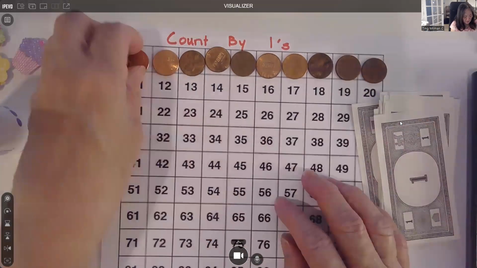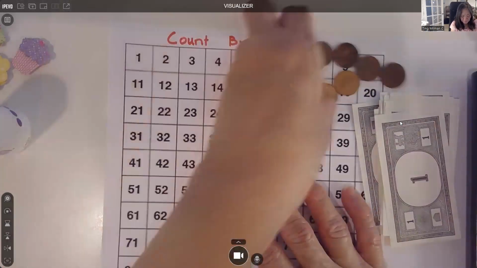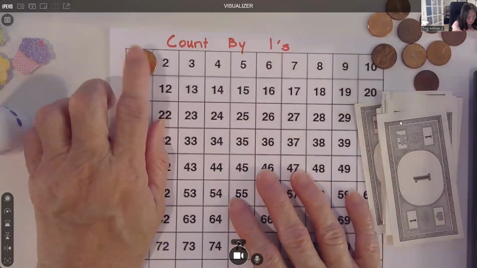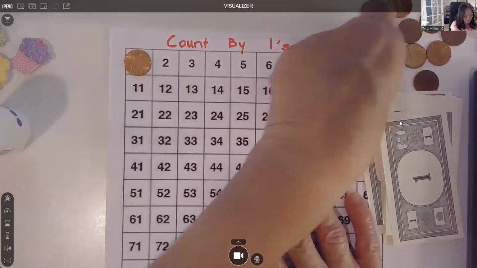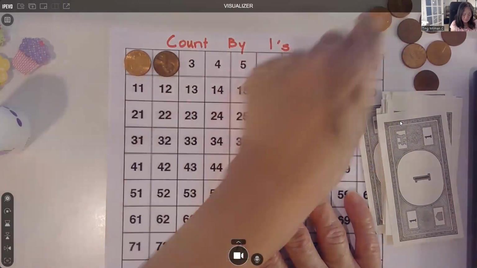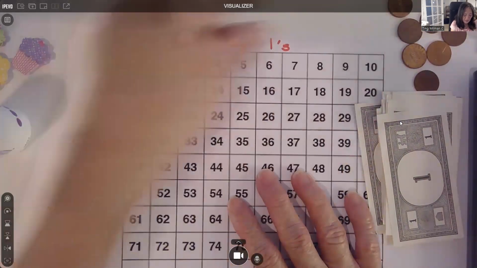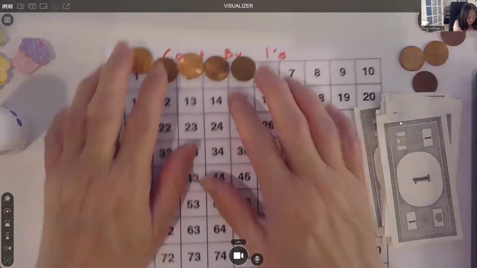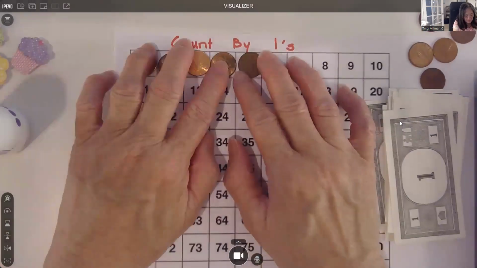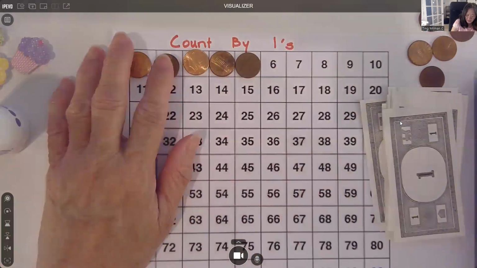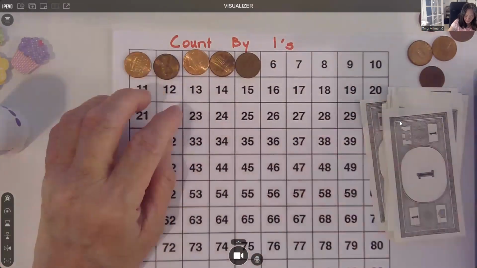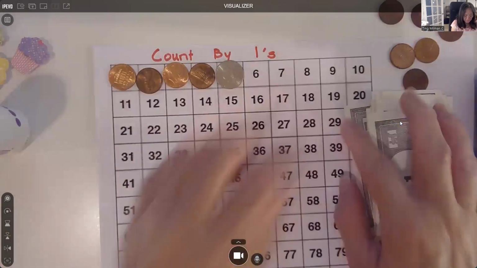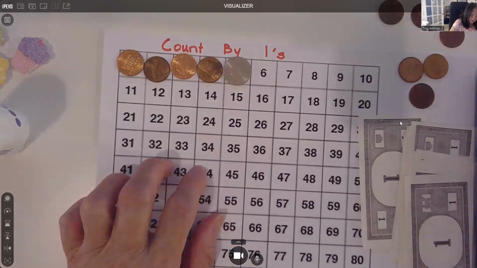Next, I'm going to show you how to count by fives. I'm going to just use pennies. So we have 1, 2, 3, 4, and 5. Now for 5 pennies, you can say, well, instead of giving you 5 pennies, I can just exchange it and give you a nickel. Next, I can go on.